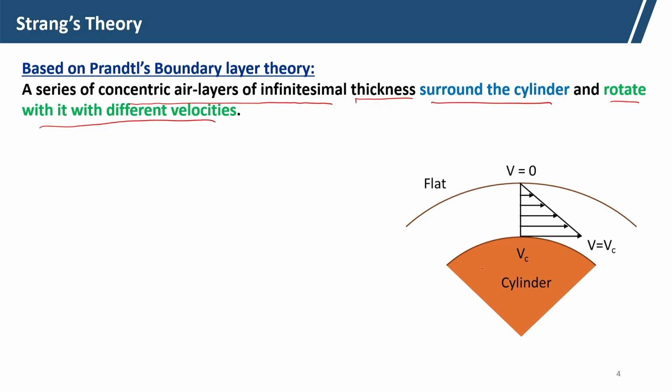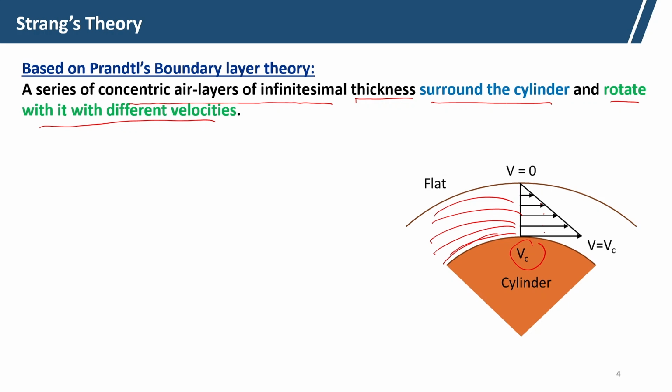So, when the cylinder rotates, the different layers above the cylinder surface, these concentric layers, they will have velocity. So, the cylinder linear velocity is Vc.